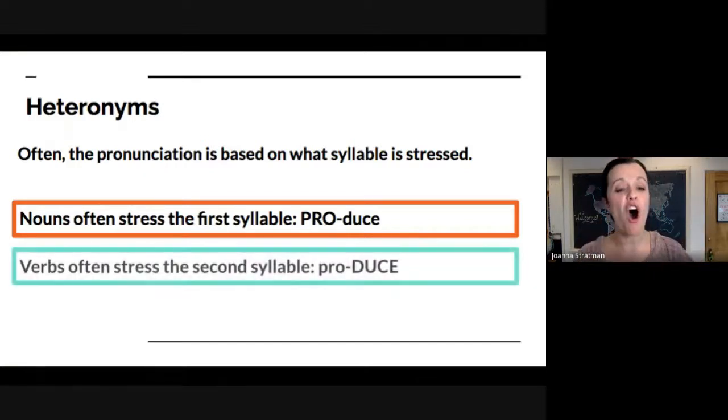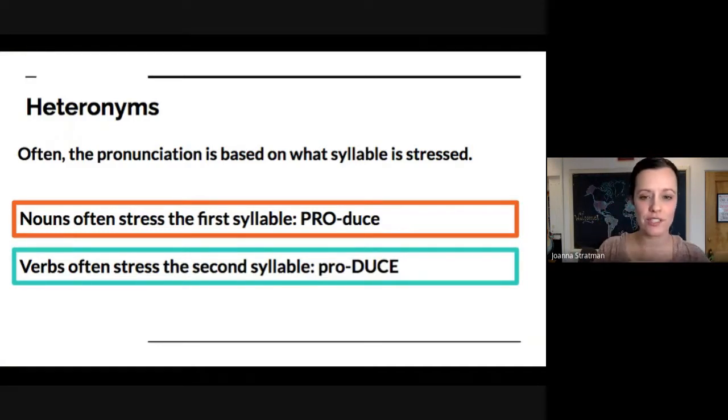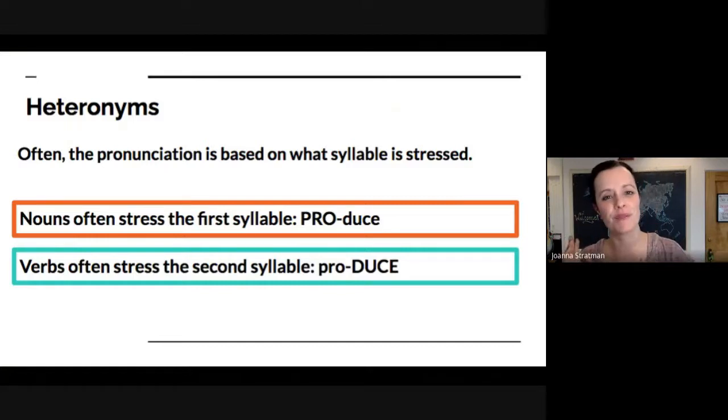And verbs often stress the second syllable, produce, produce. So again, we have produce and produce. They are very similar, but you can hear that with the noun, the stress is first, and with the verb, it's second. Again, this is not always the case, but it is very often the reason.